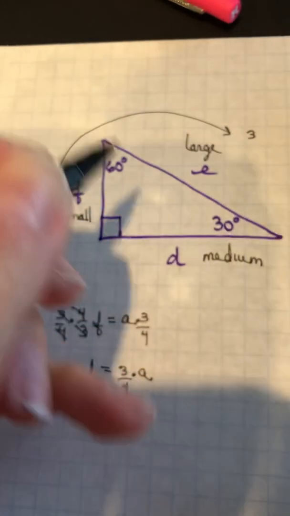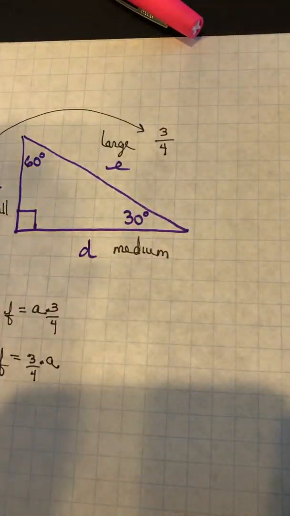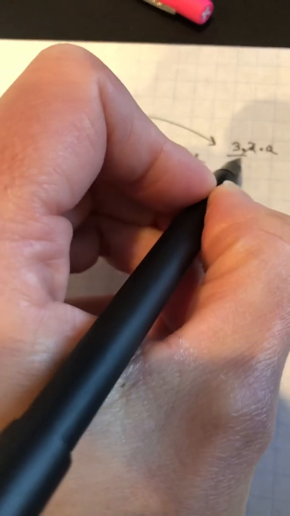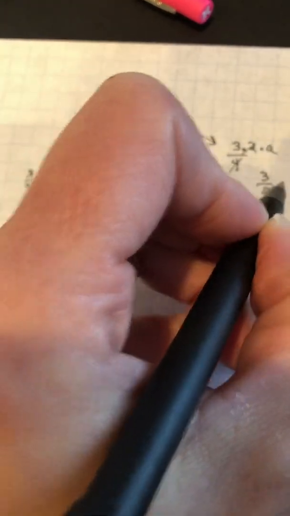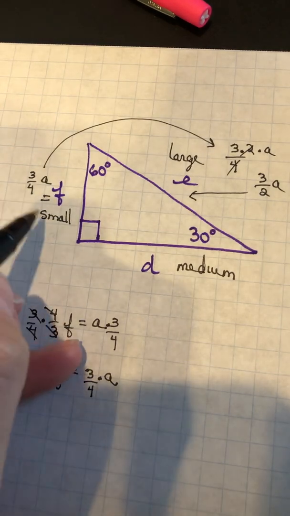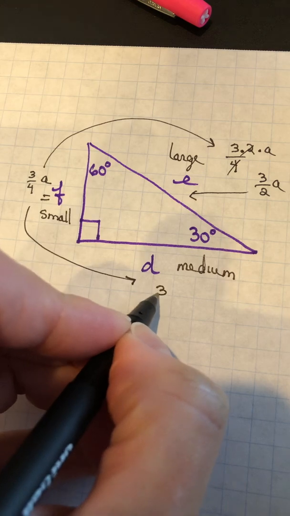So 3/4 times 2, right, times A, and that's going to cross simplify, is 3/2 A. So my large side is 3/2 A, and my medium side, remember, to go from small to medium, I multiply by root 3.